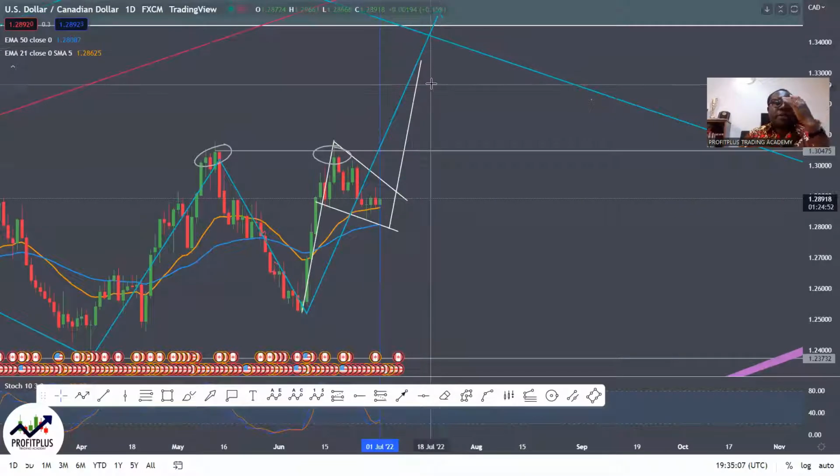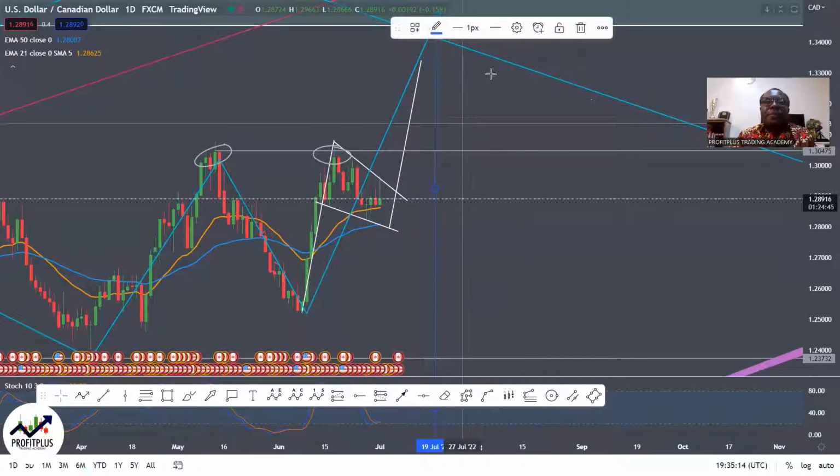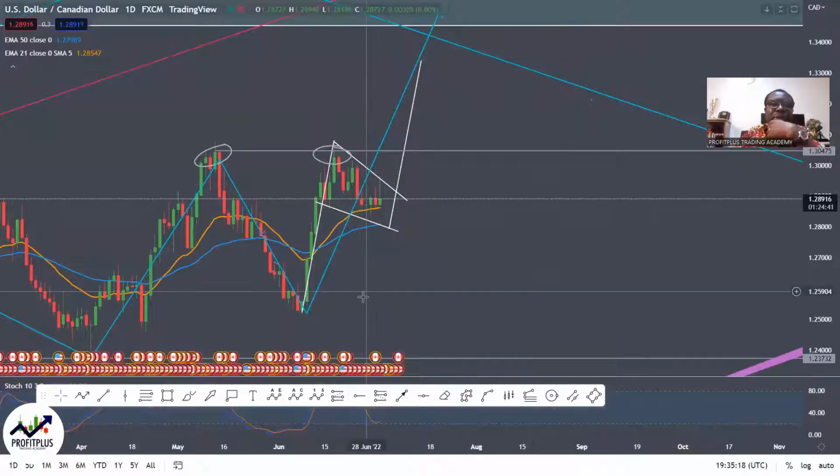Price is expected to move, but at this point, it might be a little bit difficult for you to locate a trading opportunity.